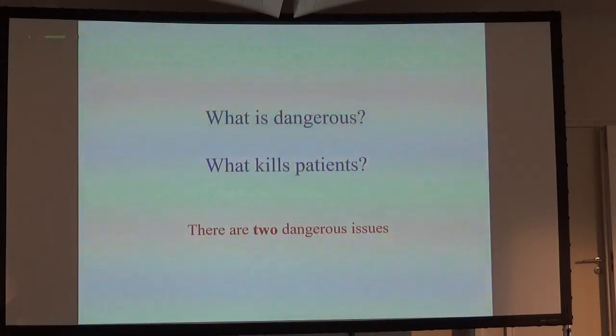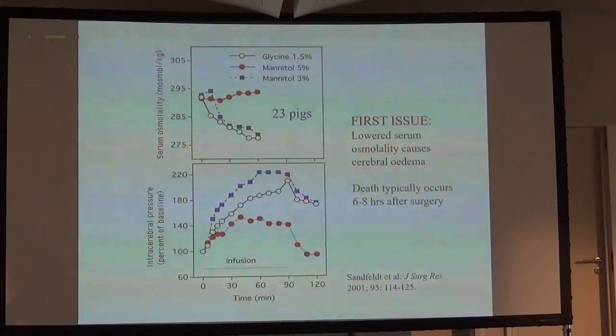There are 2 issues that are serious here. The first one is hypoosmolality. Now, most irrigating solutions like glycine 1% and NaCl 3% are actually hypoosmotic, an osmolality around 200 millimoles per liter. And in these experiments here that we did on the pigs, we surely had a reduction of the serum osmolality, which was reflected by an increase of the intracerebral pressure.